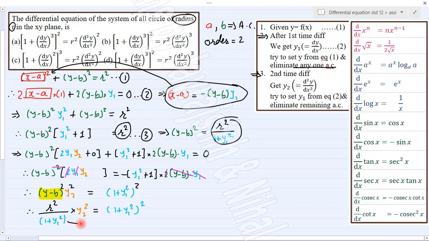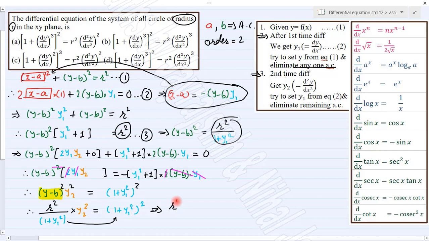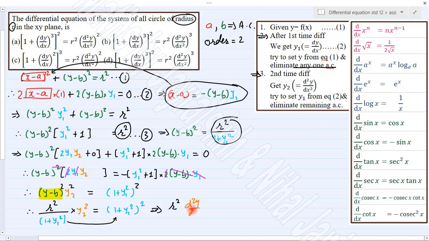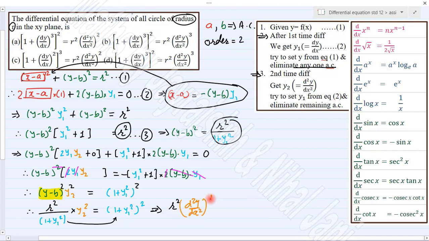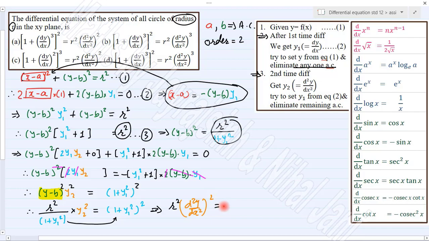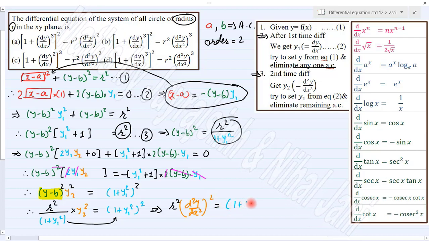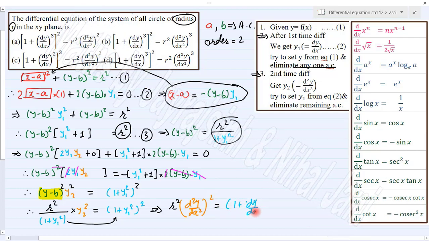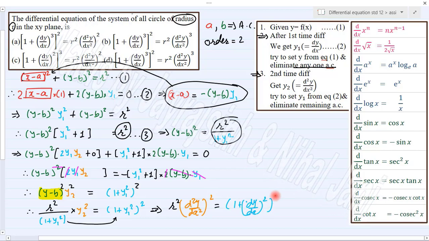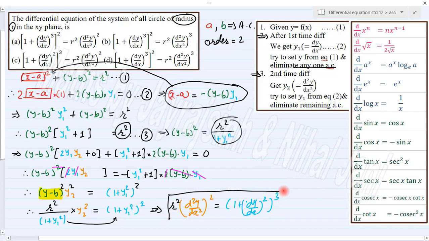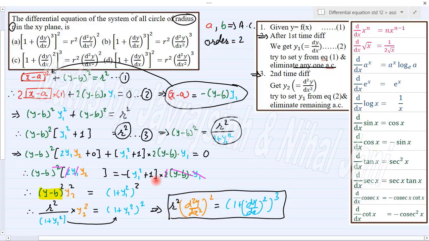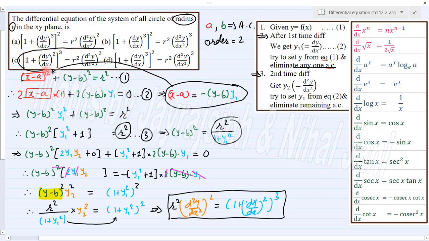Now if we move our (1 plus y1 square) to the left hand side, we will get r square into y2 square, or we can say (d square y by dx square) the whole square is equal to (1 plus y1 square) whole raised to 3, or we can say (1 plus (dy by dx) whole square) whole raised to 3. So tada! This is your required differential equation, which is given in option C.